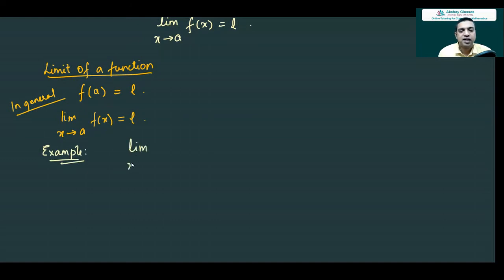Limit x tends to 2, the function I will write as x square minus 9. Now, you don't have to go by left hand limit, right hand limit. In this particular case, it's a direct expression. When you go either by the left or the right, because it's an algebraic expression, both will tend to the same value. So you can directly substitute: 2 square minus 9, which is minus 5.